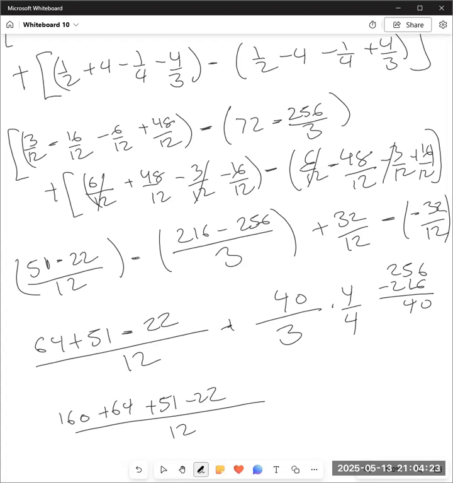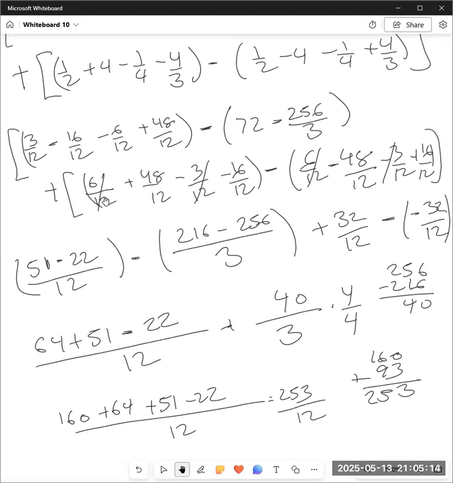And that gives me, see here, 42, and 51 is 93. 160 plus 93, 253/12, and that shouldn't reduce anymore. So I think that's it for that one.